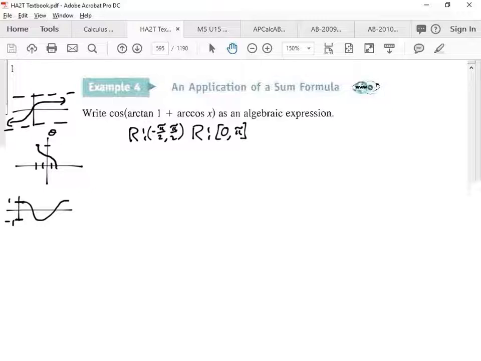If you plug in a -1, you get pi. If you plug in a +1, you get 0. It's weird, but for arc cosine, it's easier for me to remember this than the graph. I always have a hard time remembering that graph.